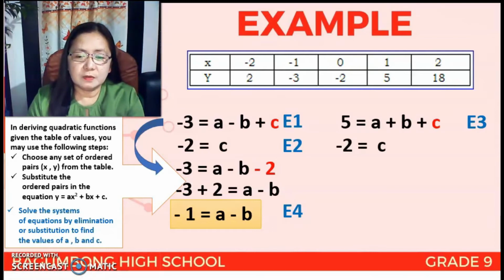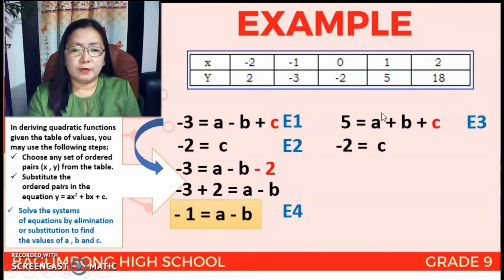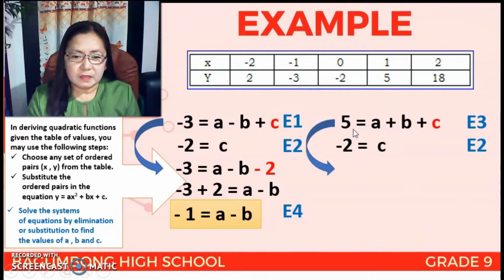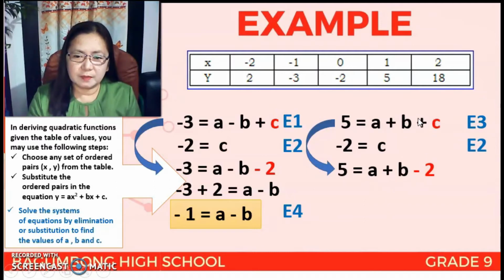This time, we will substitute again c is equal to negative 2 in equation number 3. So we have 5 is equal to a plus b, and the replacement for c is negative 2.